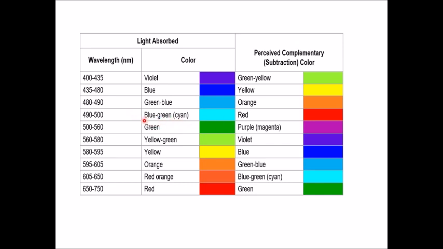Again, when the blue green color, here 490 to 500, it is the cyan color, and you get the red color complex. So if you absorb the wavelengths which are shown in the left hand side, then the corresponding colors of the complex that you will see will be as written in the right hand side. So a green color complex means that the complex had absorbed a visible region wavelength from 650 to 750 nanometers.